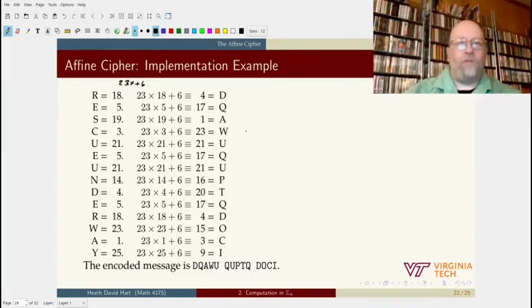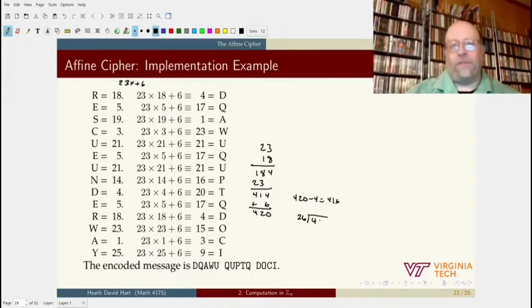Let's just work through the first one, for example. 23 times 18. 3 times 8 is 24. 2 times 8 is 16. And then 23 times 1 is 23. That gives us 414, plus 6 is 420. But that's equivalent to 4 because 420 minus 4 is 416, and 26 goes evenly into 416.